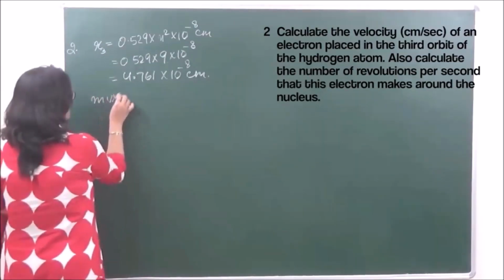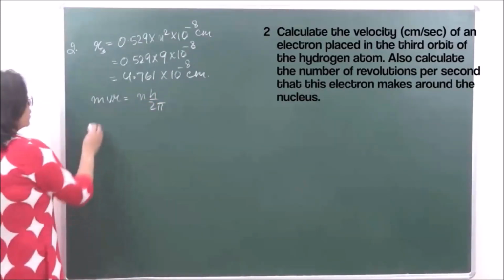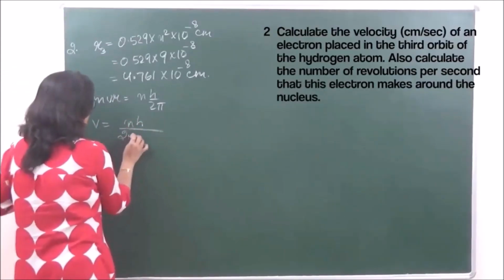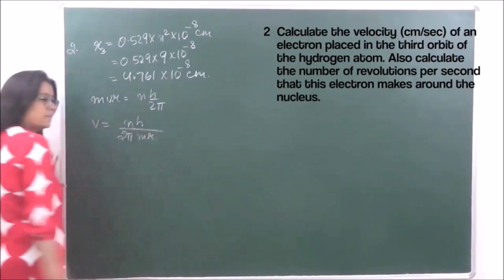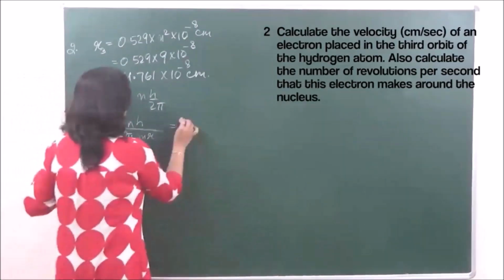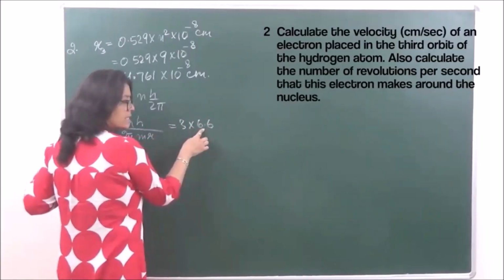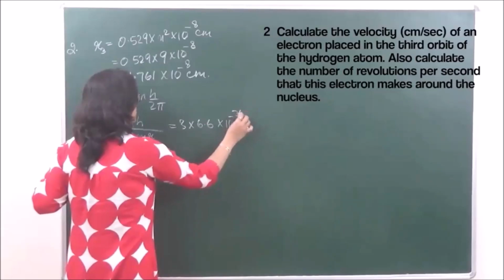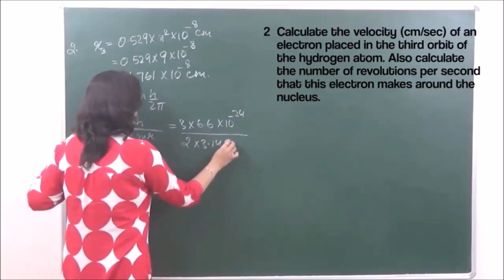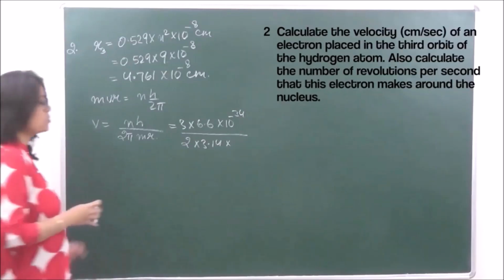Velocity can be calculated by the formula mvr is equal to nh upon 2 pi. Okay? Or velocity that will become equal to nh upon 2 pi mr. Right? The value of n given to us is 3. The value of h we can take as 6.6 into 10 raised to power minus 34 upon 2 into 3.14 into value of mass of the electron, that is equal to 9.11 into 10 raised to power minus 28 grams.